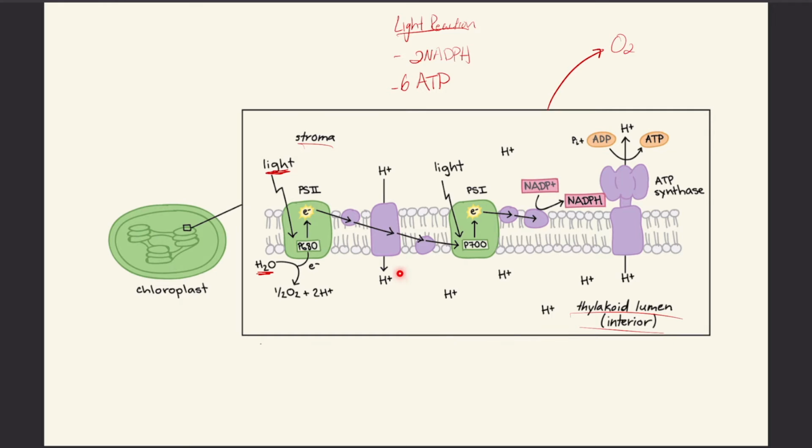They pump the hydrogen protons to one side, and then once they're all on the interior side, there's only one way for them to go back, and they go through the ATP synthase. And the ATP synthase actually works as a sort of water wheel. So as the hydrogen protons go through, it generates ATP. And that's the other product of the light reaction.